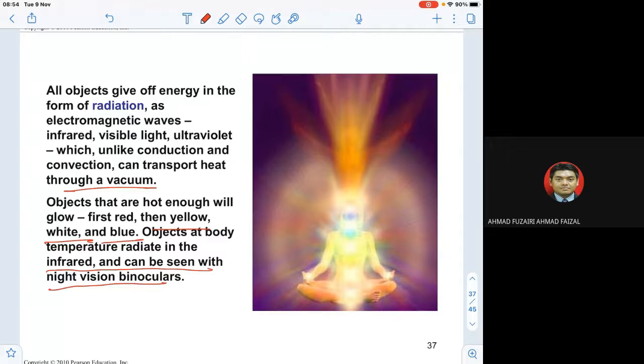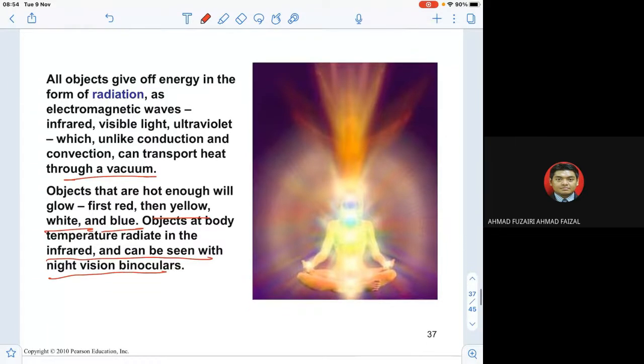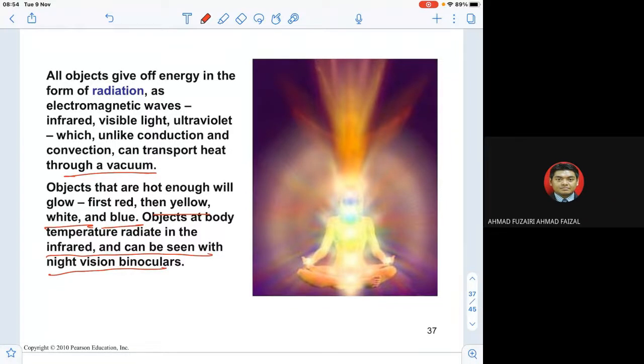So the object's body temperature will radiate accordingly to the colors. Objects that are hot enough will glow.